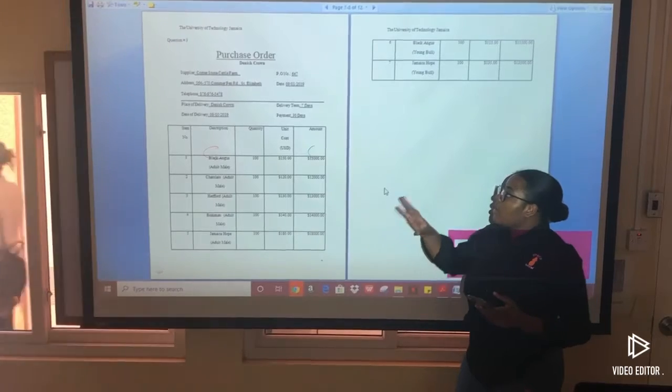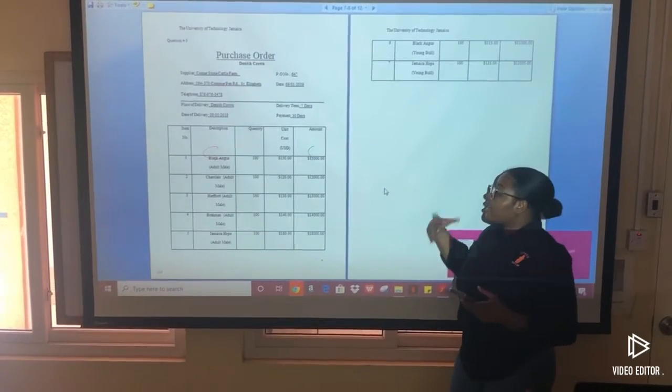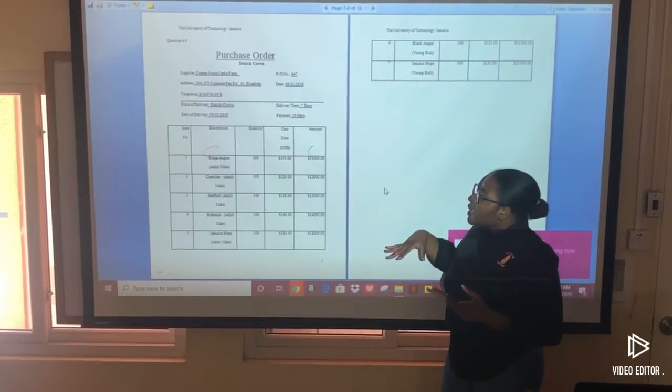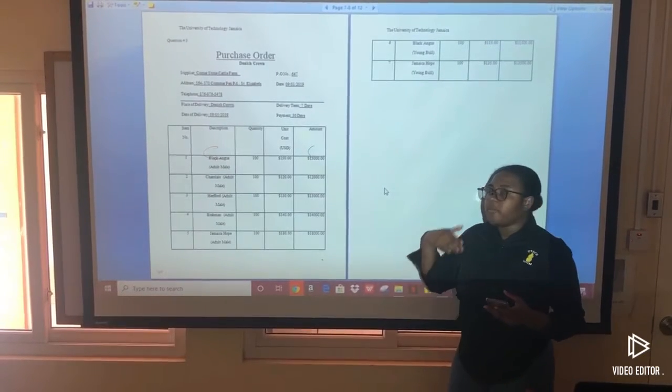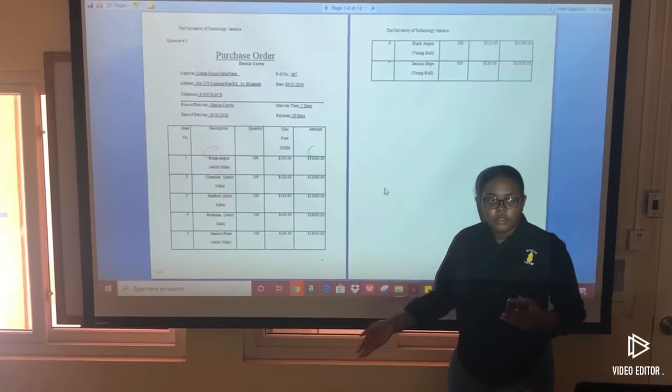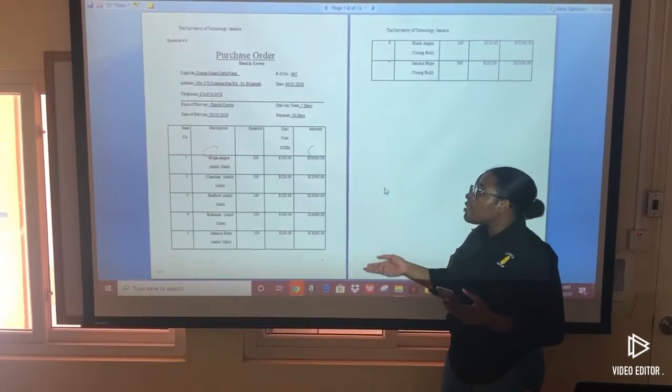The purchase order is good for this purpose because it helps to organize and track the number of cows that have been ordered and slaughtered for a specific period.